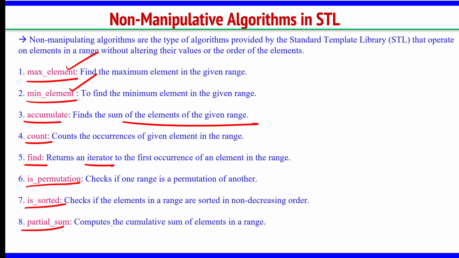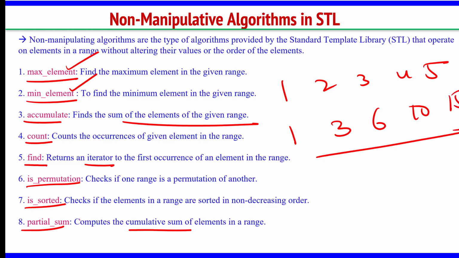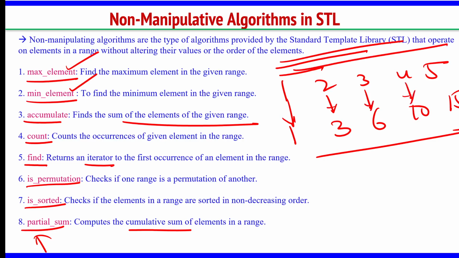Then partial sum computes the cumulative sum. Cumulative sum means like this: it will be 1, then 3, then 6, then 10, then 15 as the output of partial sum. That is cumulative. It is doing 1 as it is, then 1 plus 2 here, then 1 plus 2 plus 3 here, till 4 here and till 5 here. So these are a few non-manipulative algorithms in STL.